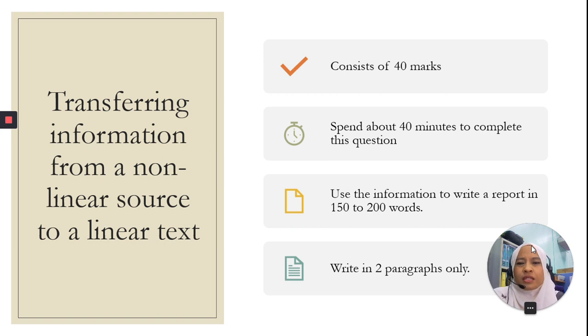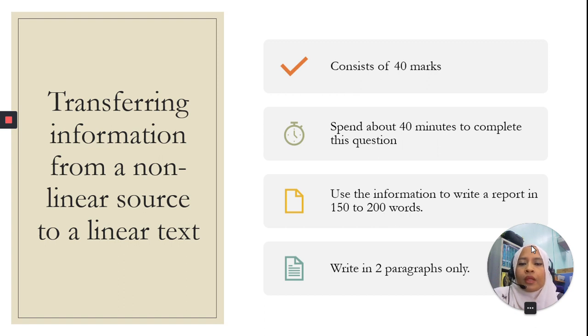The question consists of the prompt, which is the actual question, and it is accompanied by one or two visuals. I have said this before in our previous class. The visuals can come in the form of a graph, a chart, or a table, or any of those two that I have just mentioned.